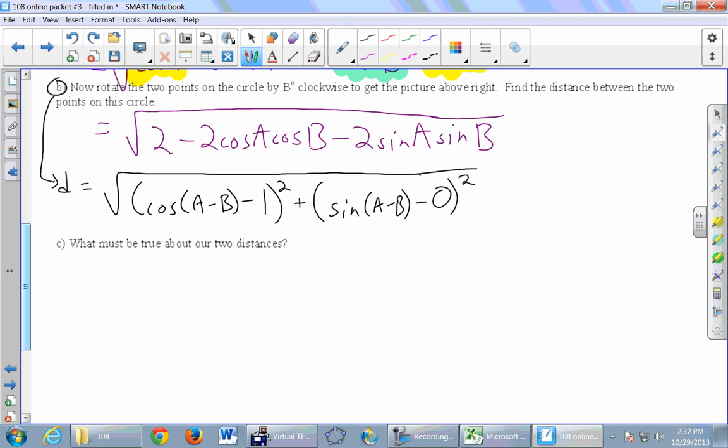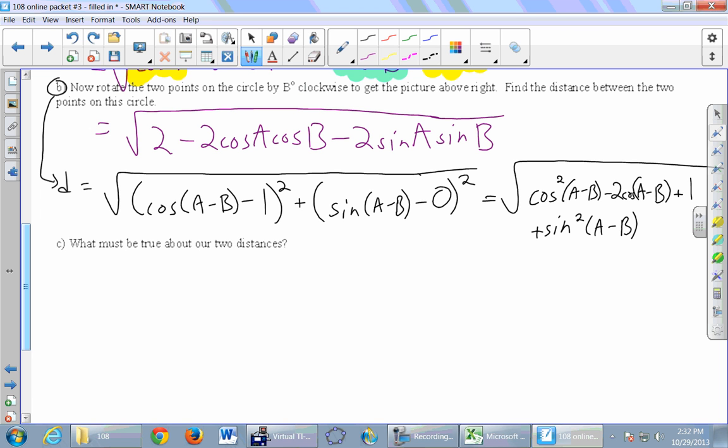Okay, let's expand this out. So we go cosine squared of (a minus b), minus 2 cosine of (a minus b), plus 1, plus, and then the second term is just sine squared of (a minus b).